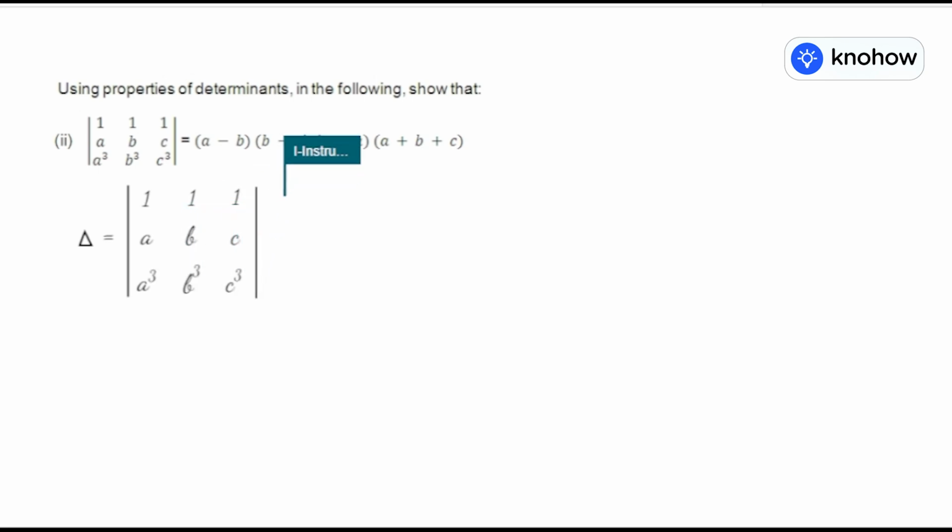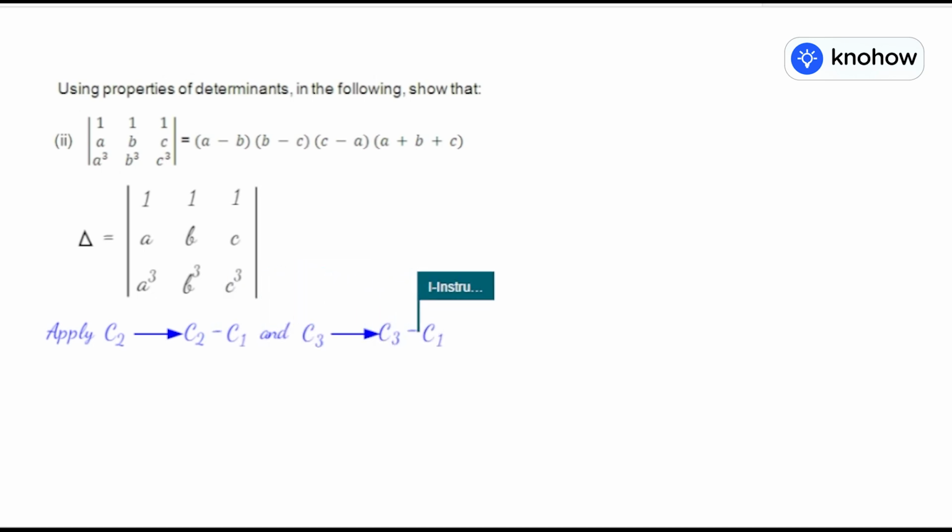So by applying C2 minus C1 and C3 minus C1, you will get 2 zeros, and of course we will take C1 constant. So keeping C1 constant, you apply C2 to be replaced by C2 minus C1 and C3 to be replaced by C3 minus C1.